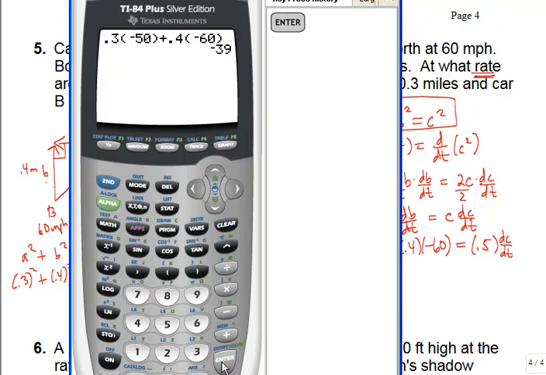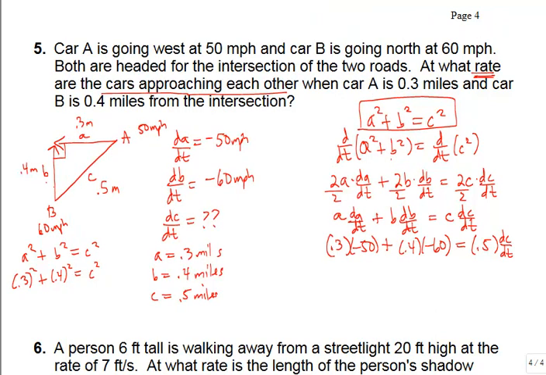So that left-hand side is going to be negative 39, and then to finish solving for dC/dt, we want to divide that by our 0.5, our C value. So we had negative 39 divided by that 0.5, and this gives us negative 78 for this dC/dt.